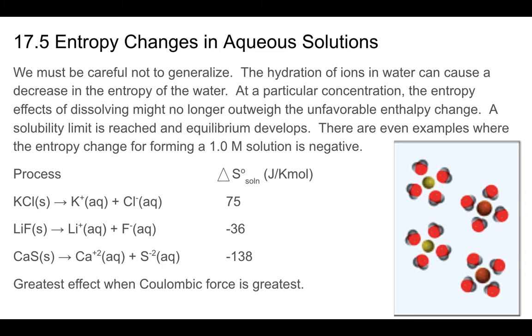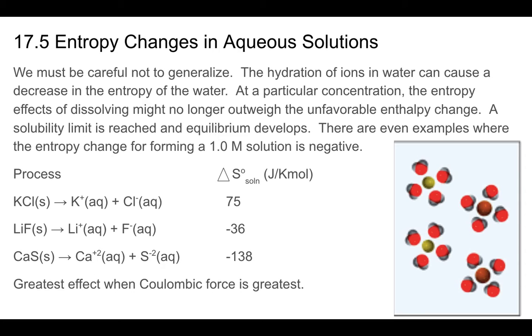The water is surrounding those ions and creating those hydration spheres, and those hydration spheres are in fact lowering the entropy of the water. So it is possible under certain conditions, either very high concentrations or for some ionic solids even fairly low concentrations, for the change in entropy of the water to outweigh the change in entropy of the ionic solid.